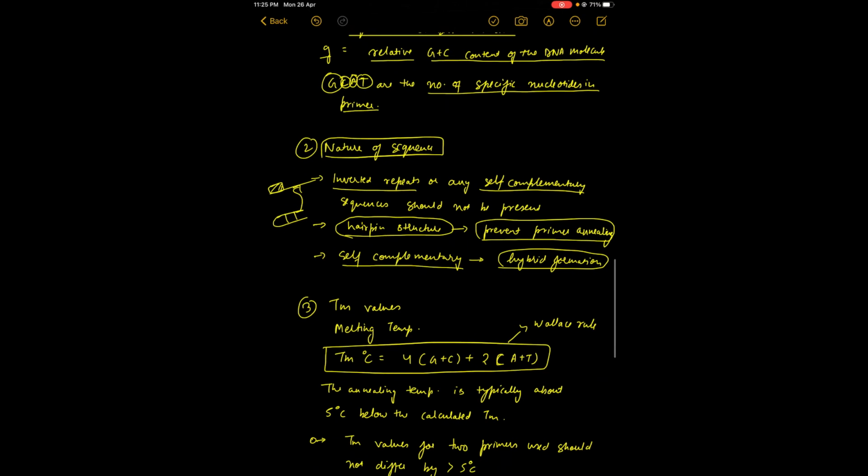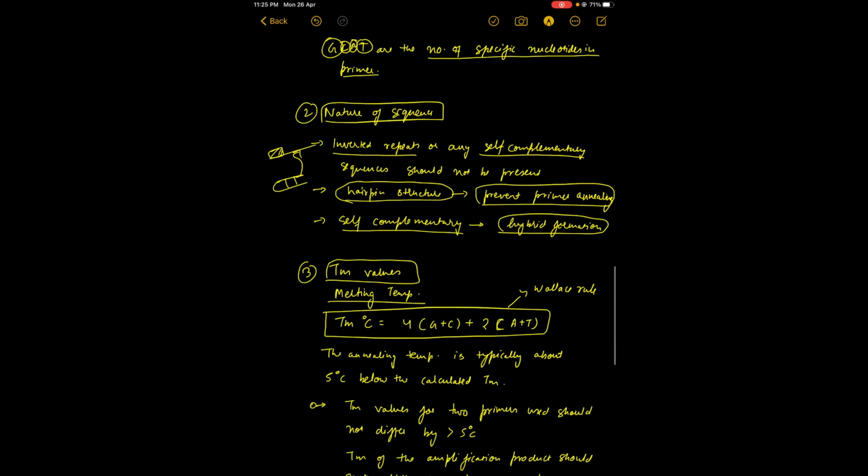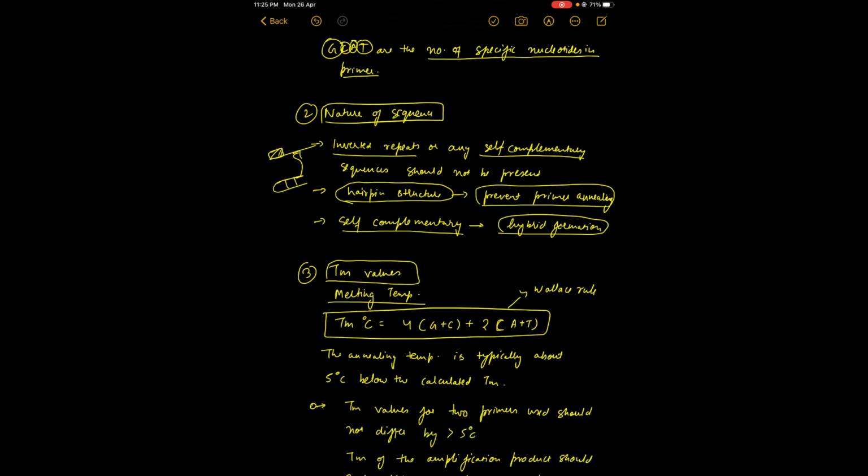Another factor that is important is the TM, that is the melting temperature, and for melting temperature we use a formula. This is known as the Wallace Rule. In this, the TM in degrees Celsius equals 4 times G plus C plus 2 times A plus T. Okay, this is the formula.